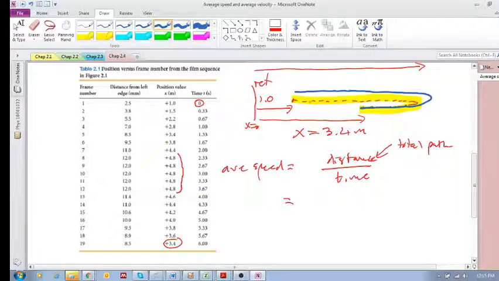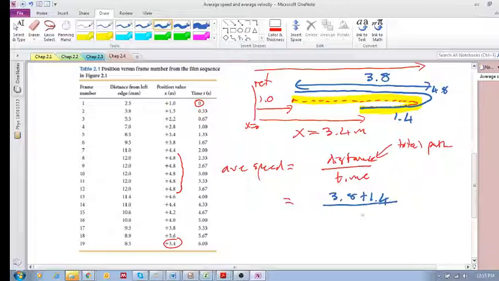This is 4.8, that's 1. So this length here is 4.8 minus 1, which is 3.8. And then this distance here looks to me to be 1.4. So 3.8 plus 1.4 over the time.